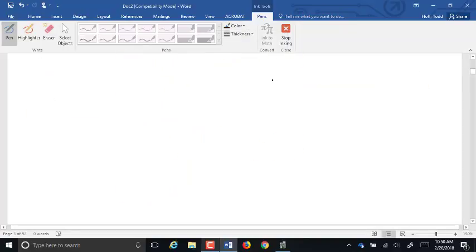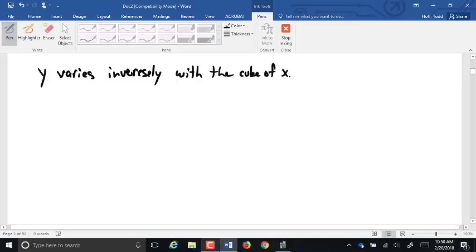Now it can get trickier. Y varies inversely with the cube of x. Y is 15 when x is 2.